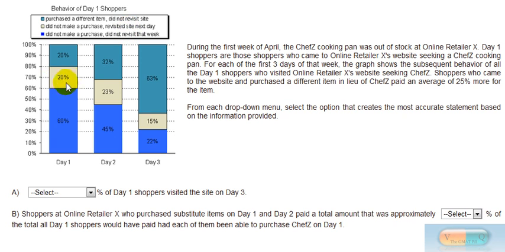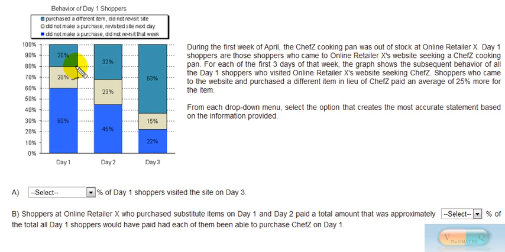So that's this gray portion. And of those that visited the site that day, this is the breakdown. Of those, 32% of that 20% did this. 23% of that 20% did this. So this is basically a blow up, right? This is Day 2 is a blow up of that portion of Day 1.